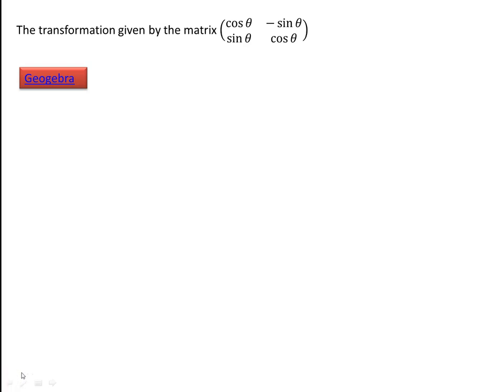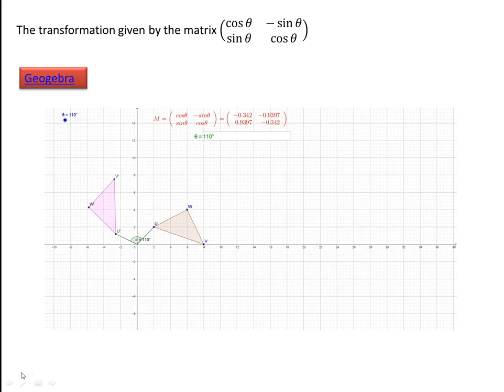So we've seen that GeoGebra gives us a typical output looking something like this, that when theta equals 110 degrees, the triangle UVW has been rotated round by 110 degrees anticlockwise about the origin.